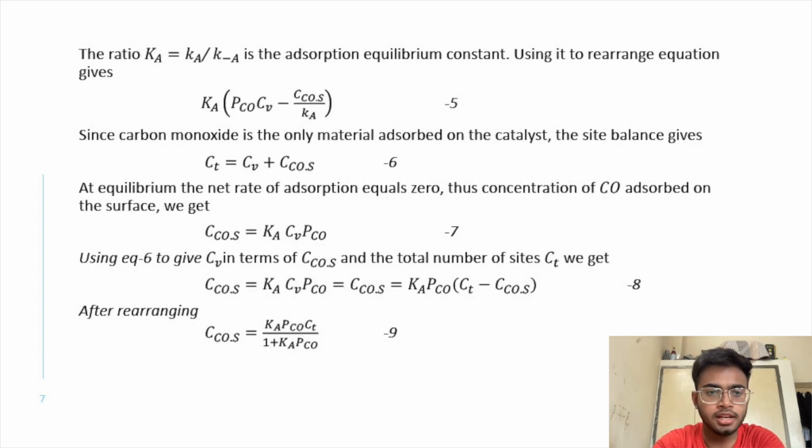The ratio capital Ka is equal to rate of attachment of A divided by rate of detachment of the species A, which gives us an adsorption equilibrium constant.